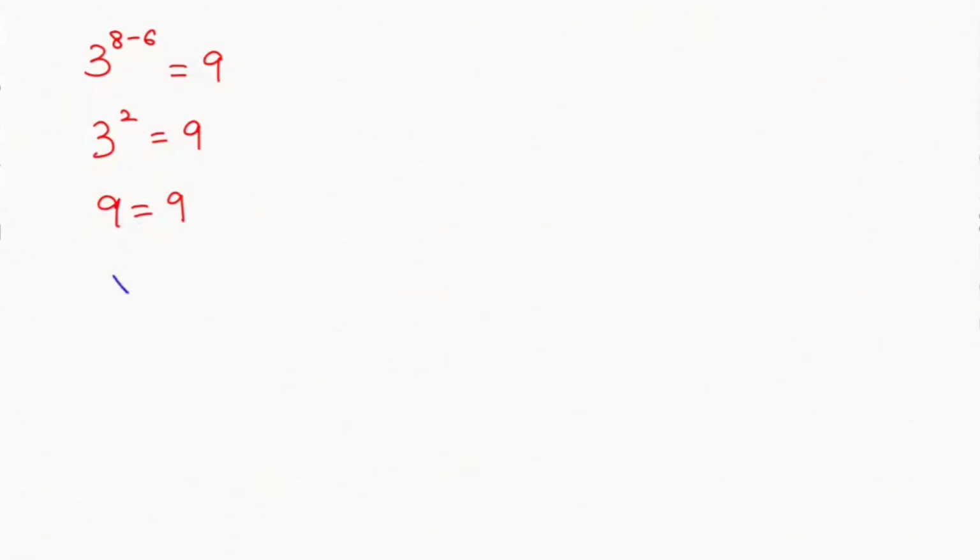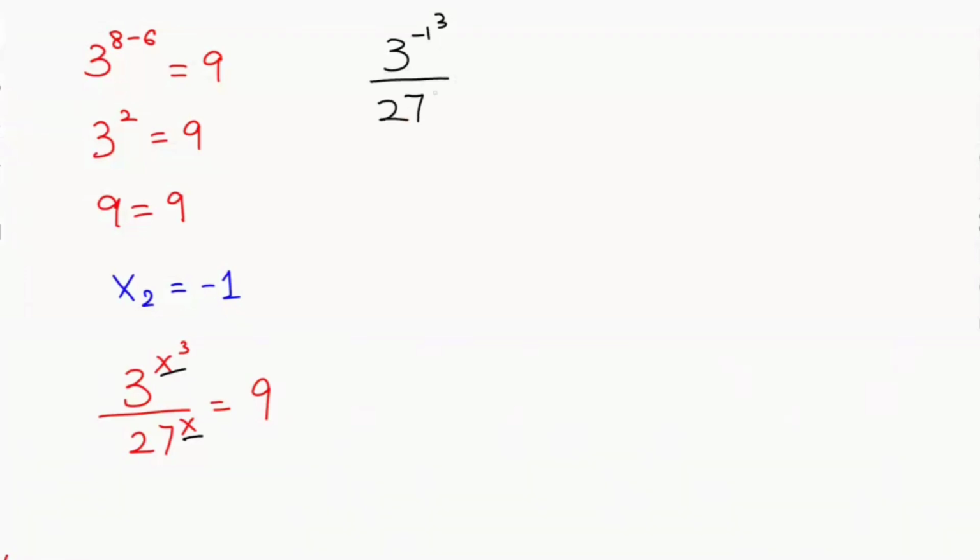Now I will verify my x2 value, that is -1. The x3 value will be the same one. So in the equation we have, now I'm going to plug in -1: 3 to the power of -1 times -1 to the power of 3 over 27 to the power of -1 is equal to 9.